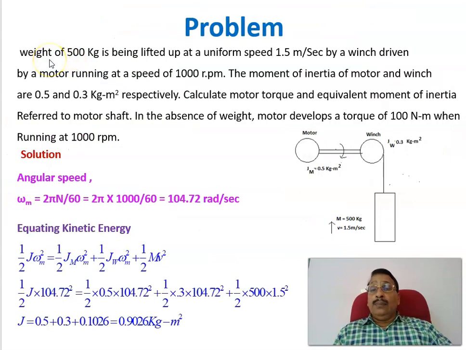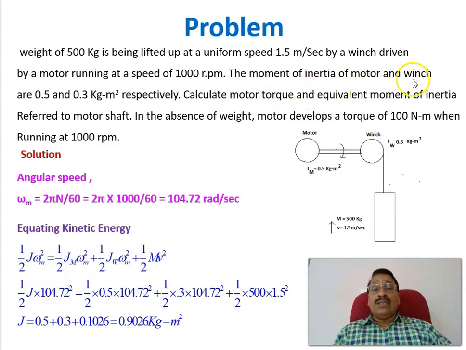Coming to a problem: a weight of 500 kg is being lifted up at a uniform speed of 1.5 meter per second by a winch driven by a motor running at a speed of 1000 rpm. This is a motor, this is a winch, and this is the weight that is moving.